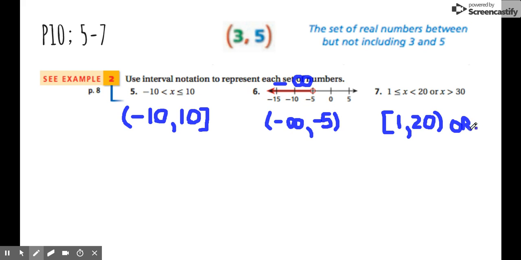Or we think about what this looks like graphed, x greater than 30 would be open circle to the right, so that would be positive infinity. So it starts at 30, open circle, so it's a parenthesis, goes forever to the right, positive infinity, parenthesis.